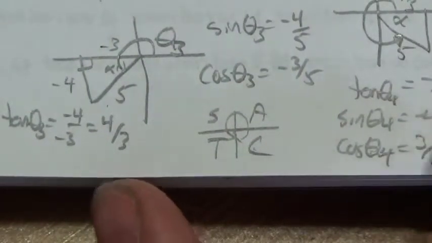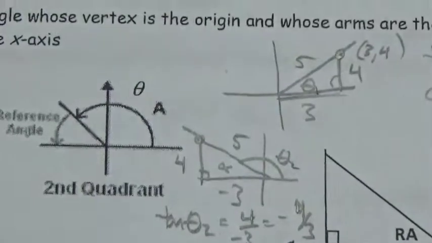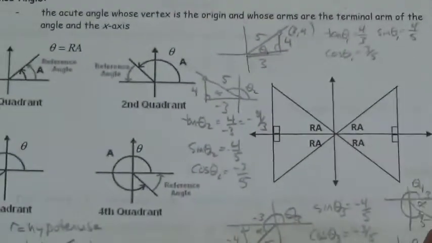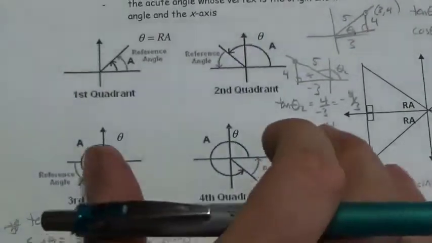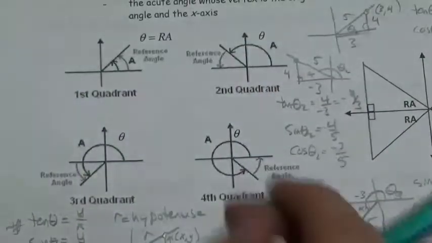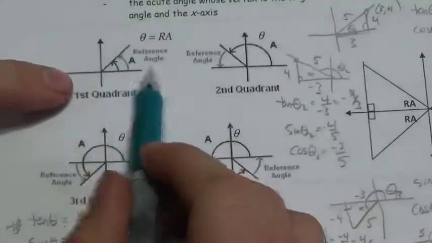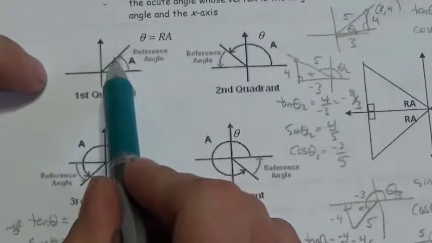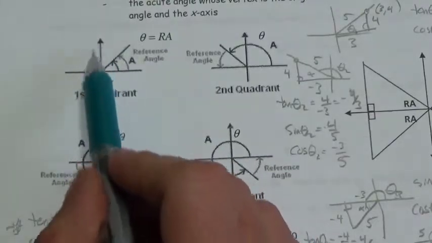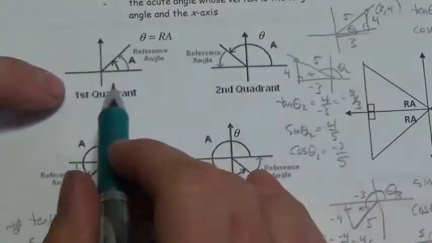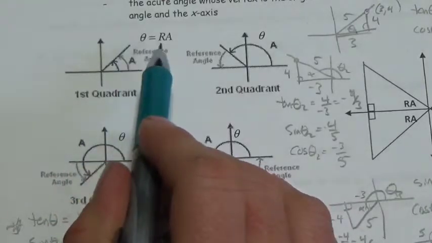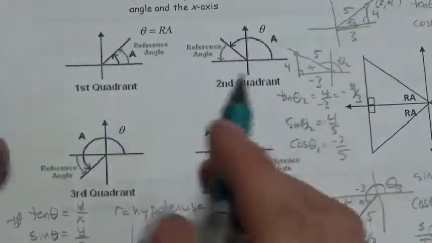Now, let's zoom out a little bit here. Just to get an idea of how this works in the different quadrants, in the first quadrant, if you're talking about an angle that's between 0 and 90, then the reference angle and the rotation angle end up being exactly the same thing.